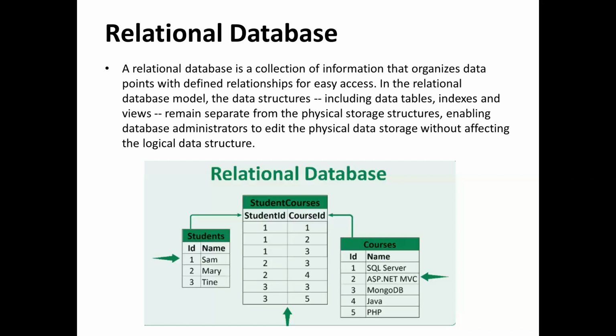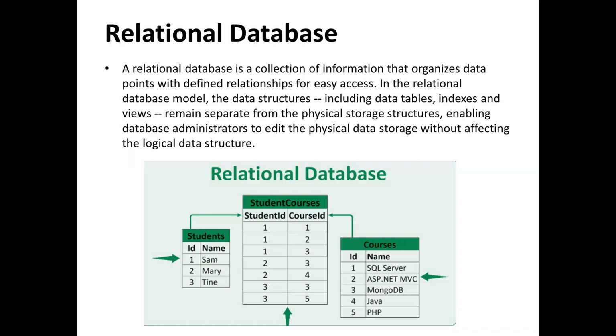We have student information with ID and name, and we are also storing course information with ID and name, and we created another table to define the relationship between students and courses, called student courses.